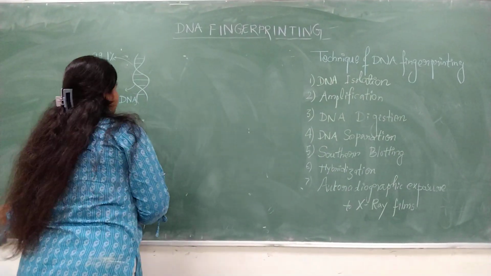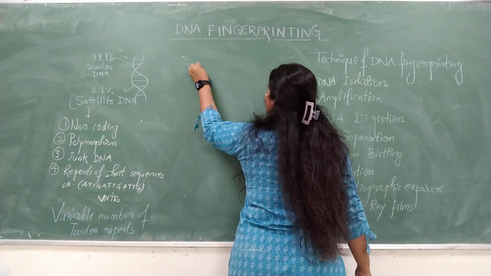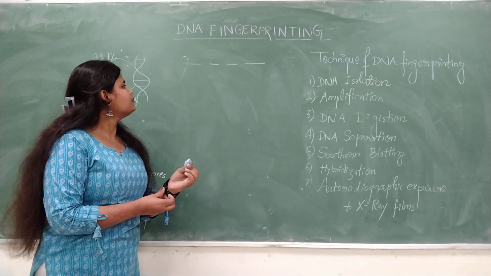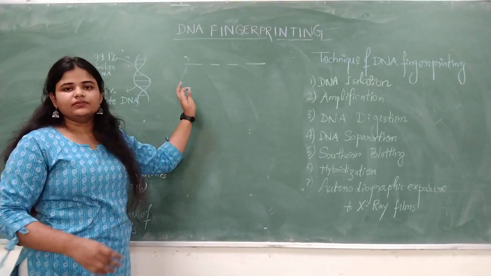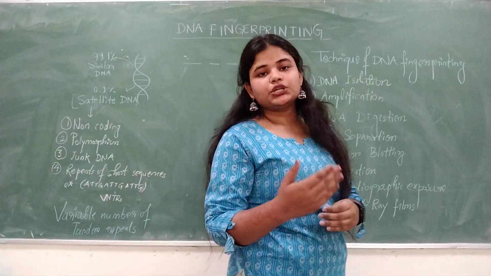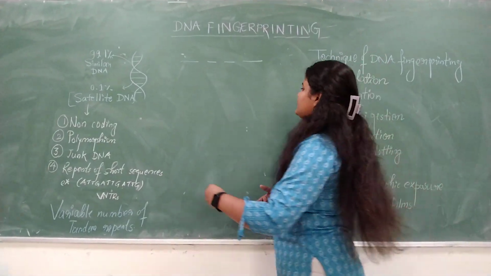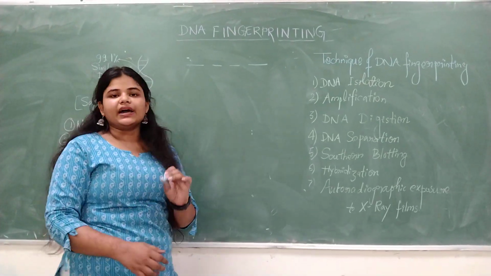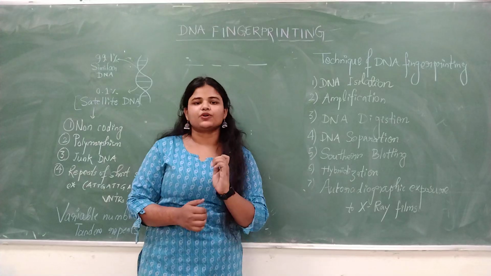How will we separate the DNA? We got multiple segments of the DNA. Now we have to separate them according to the size of the DNA. So what will we do? We will separate the DNA by the gel electrophoresis process.